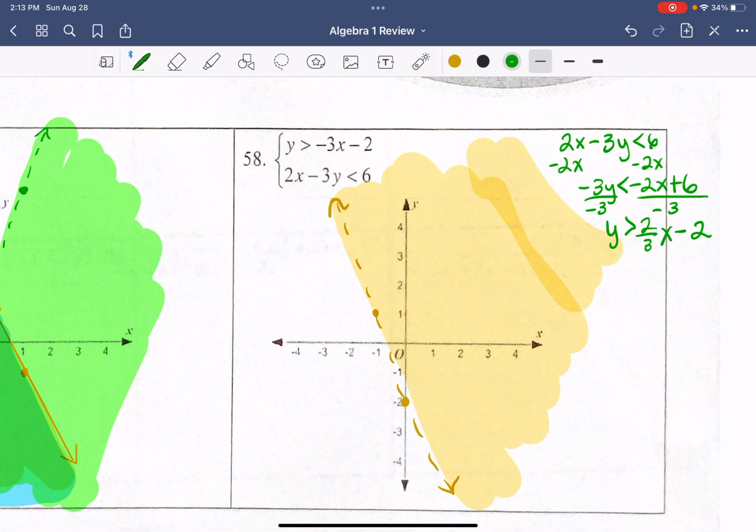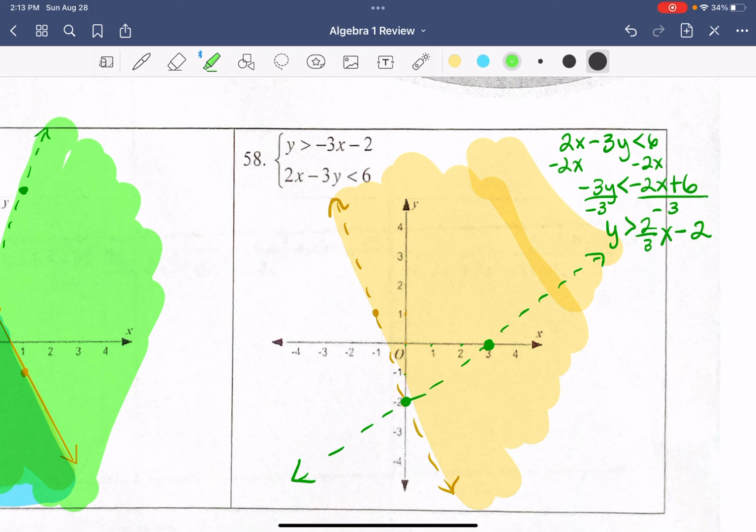All right, so I graphed that, and I've got the same intercept there, and I go up 2 and over 3. And it's a dashed line as well. And where do I shade?